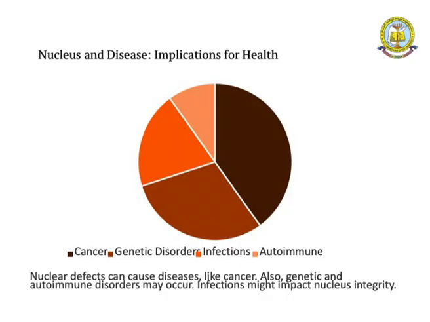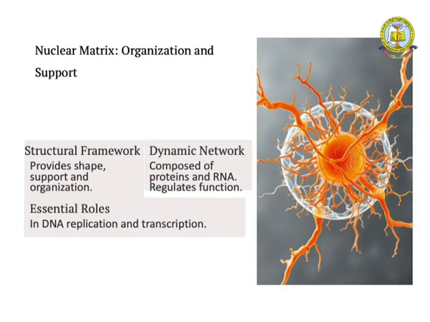Next, what are the major key roles and functions of the nucleus? Mainly genetic information transformation. What is genetic information? The nucleus contains DNA and RNA. What is the importance of DNA?